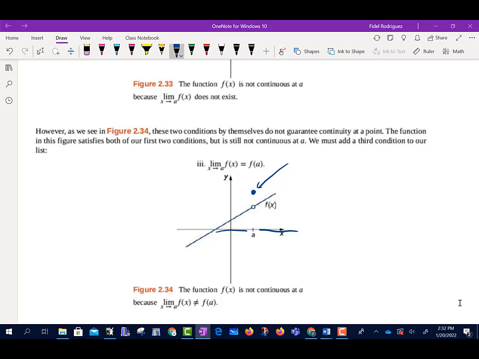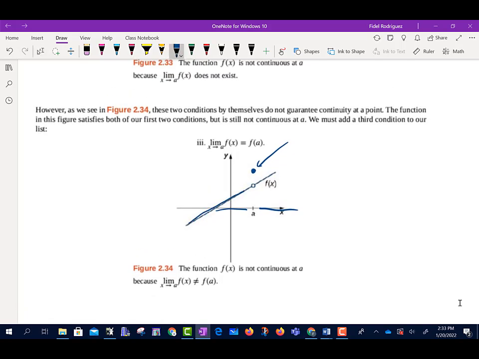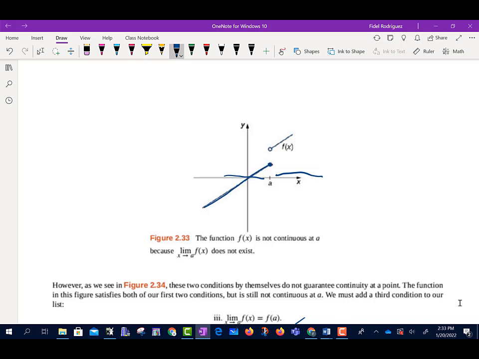A lot of times the way we describe what it means for a function to be continuous at a particular point is that we should be able to draw the graph without having to take our pencil off the paper. That's the easiest way to describe this. Here we have to stop, fill that point in, come back. Here we stop, jump over, and put that open circle.